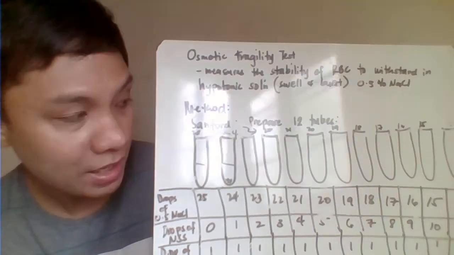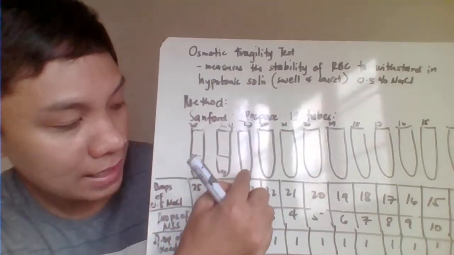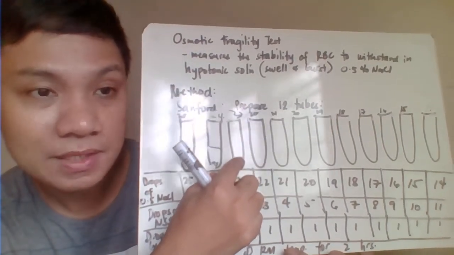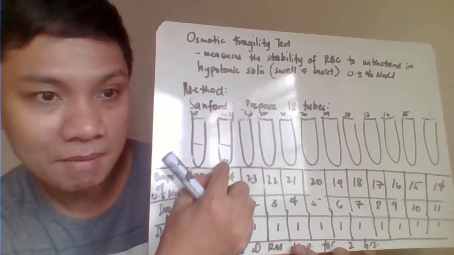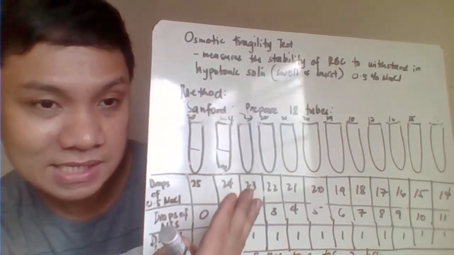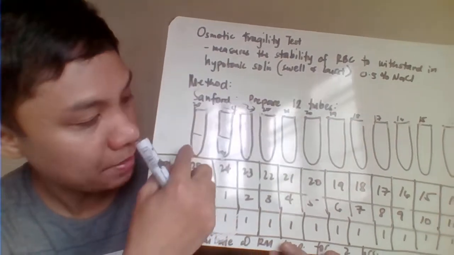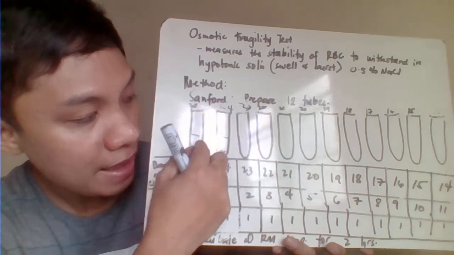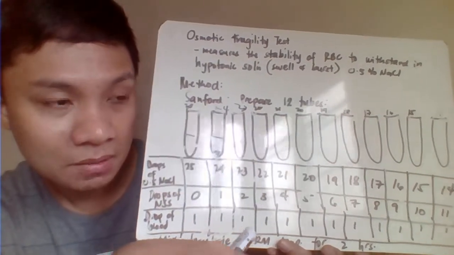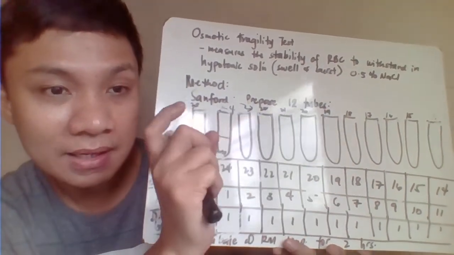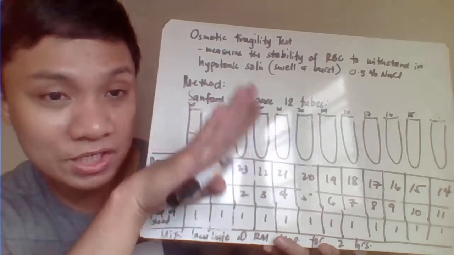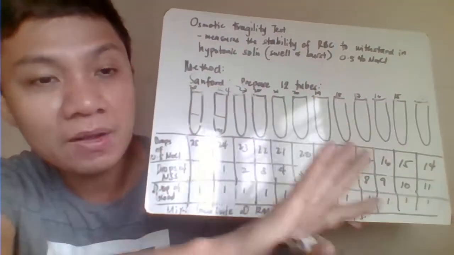When we say first tube from the left, we're talking about the left here. For initial hemolysis, look for where there is a faint pink, meaning it has hemolyzed but still has sediment at the bottom. That means the previous tube should still be clear, with no hemolysis yet. For final hemolysis, look at the first tube from your left that has no more sediment and is all red. That means your previous tube is red but still has sediment. So when it's final or complete hemolysis, it should be red with no sediment, and therefore your next tubes will also have no sediments.